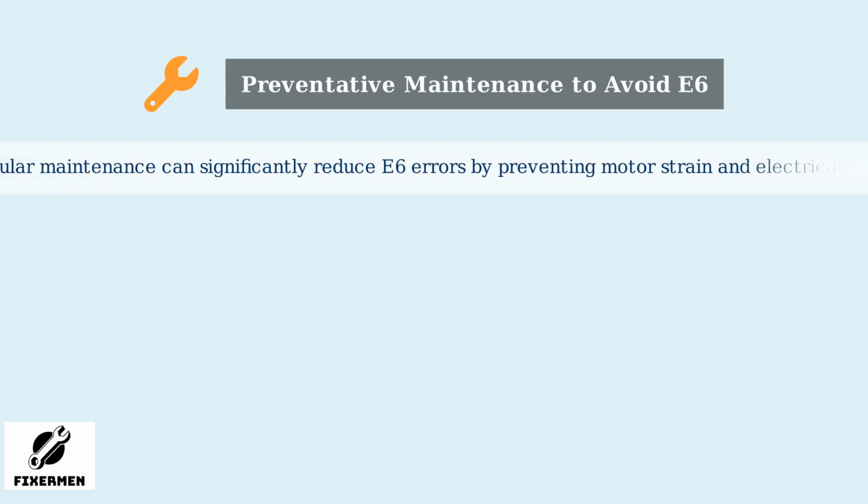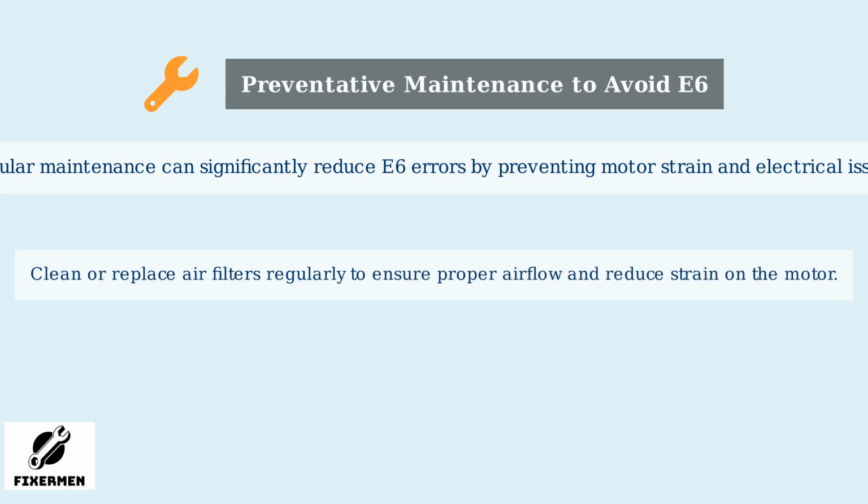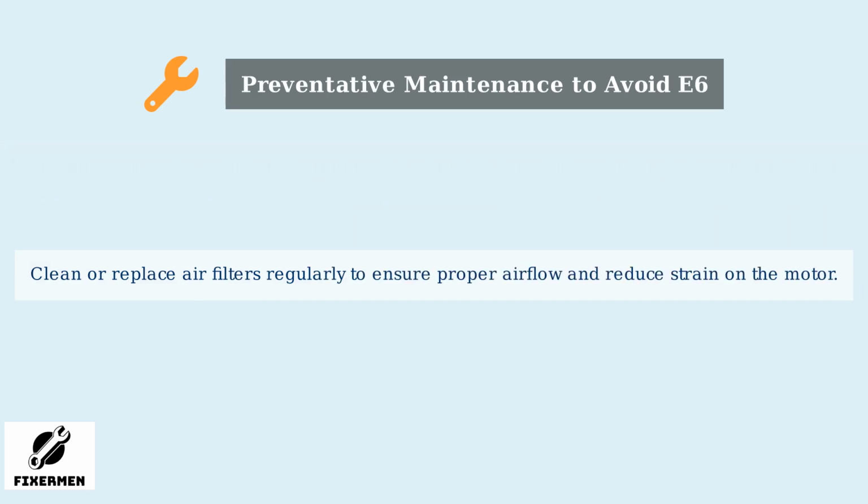Regular maintenance can significantly reduce the likelihood of E6 errors by preventing motor strain and electrical faults that lead to indoor fan motor failures. One crucial step is to clean or replace air filters regularly. Dirty filters restrict airflow, forcing the motor to work harder and increasing the risk of overcurrent or locked rotor conditions that trigger E6.